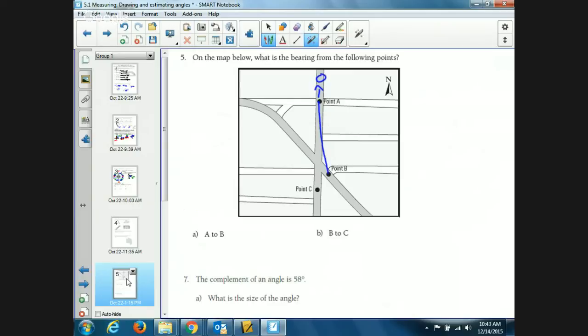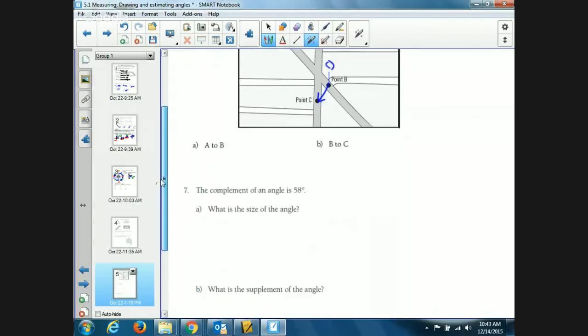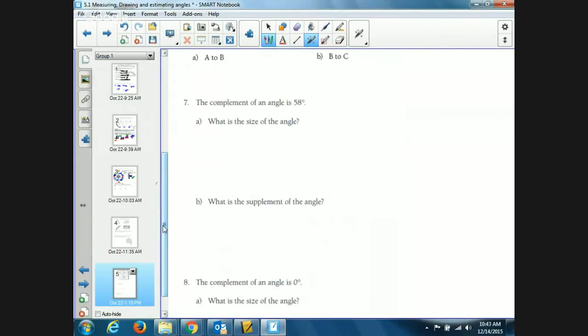So this will be less than 180. Use a compass and figure it out. And then from B to C, this is 0 going up. It's going to be greater than 180 from B to C. You can extend those lines so they're easier to measure with a protractor. That was B to C.